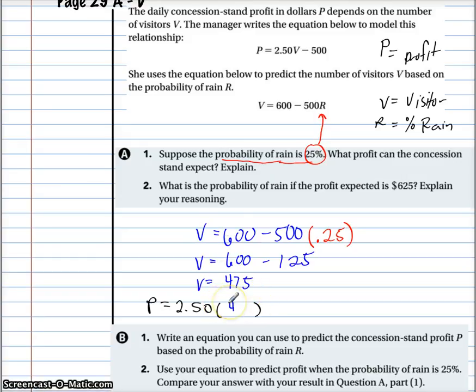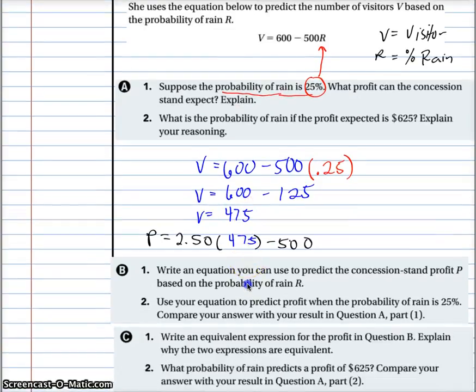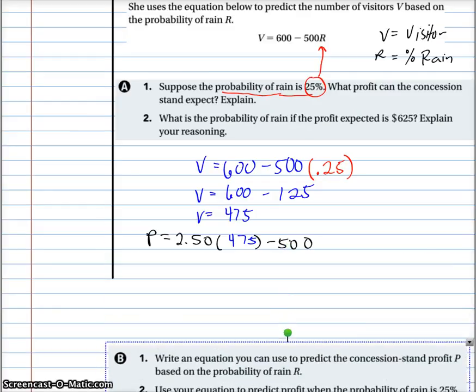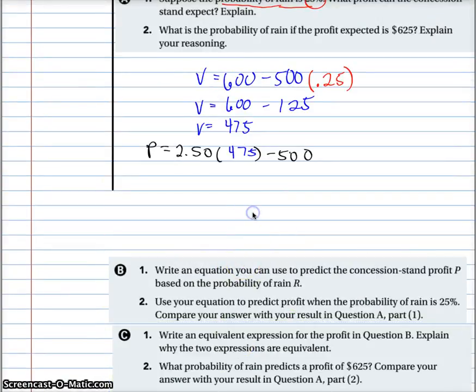I'm going to substitute that in there, 475, and then the rest of the equation is minus 500. I'm going to keep moving question B down. Seem to be running out of space. So I'll move these down. Okay. So 2.50 times 475 minus 500.